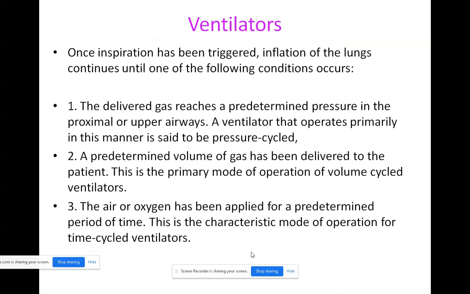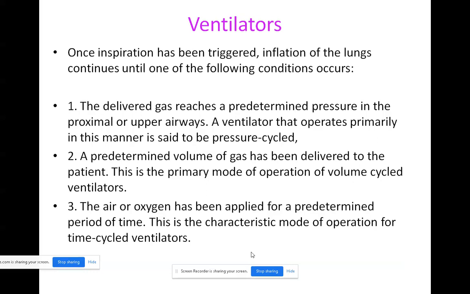Once inspiration has been triggered, inflation of the lungs continues until one of the following conditions occurs. So now the ventilator is on and the inspiration process is going on. How the lungs inflate is determined based on the following conditions. The first condition is that the delivered gas reaches a predetermined pressure in the proximal or upper airways.